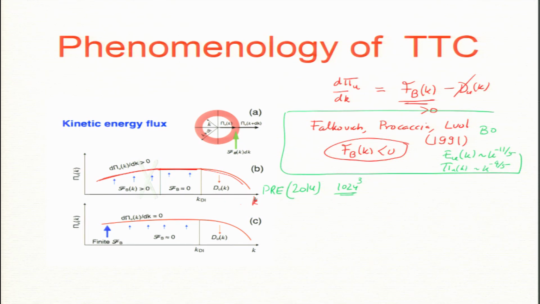We were looking for an increase in flux. We were saying, well, F_B should be dominant because buoyancy is strong, but we never found this increase. We almost found flat flux. Flux does not increase, flux remains flat.